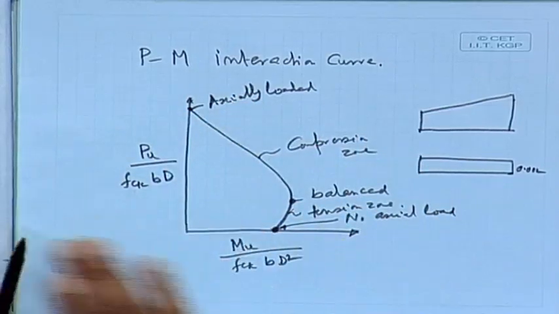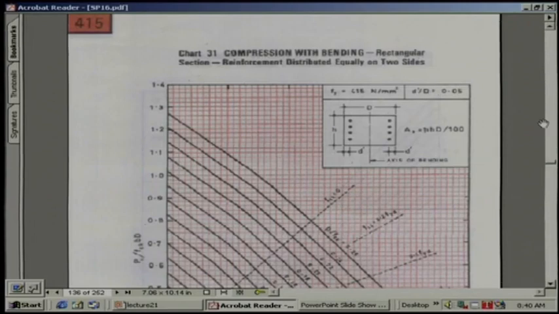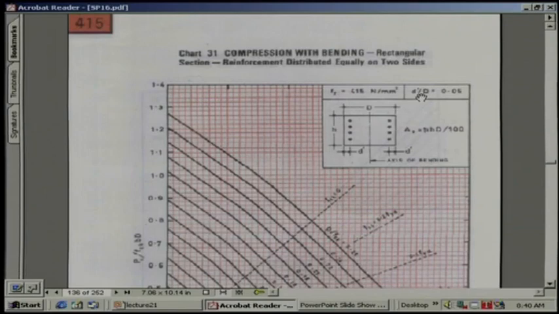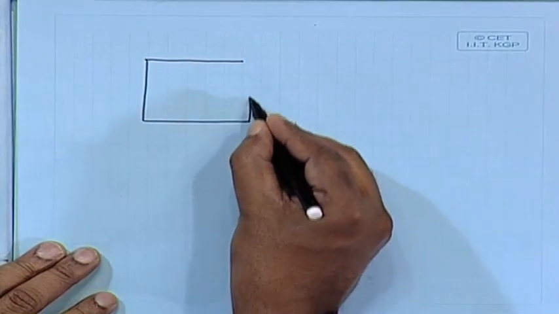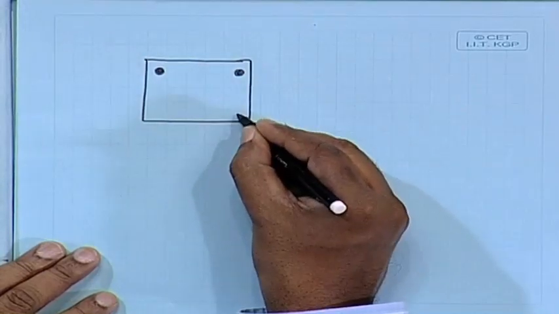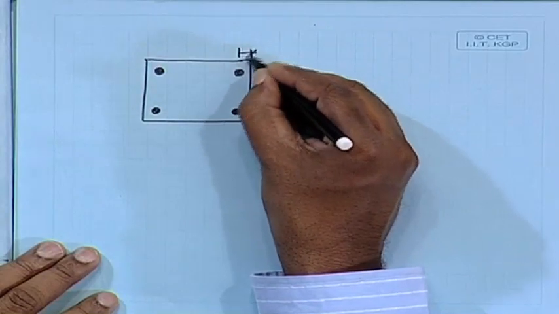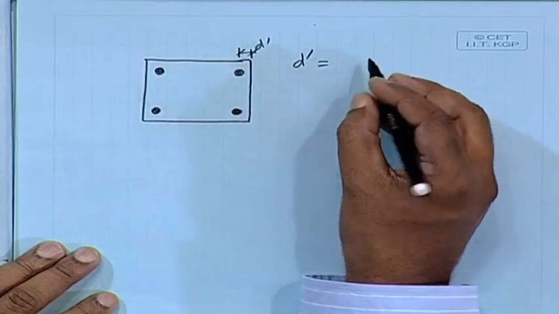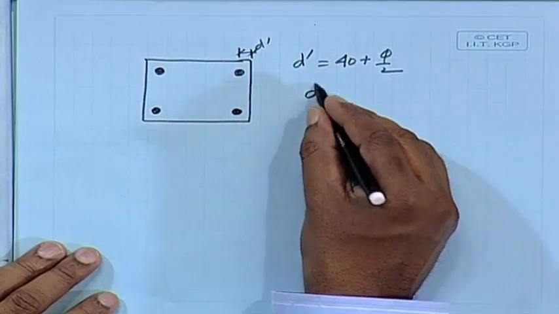SP 16 provides you so many curves. Depending on these charts, depending on d dash by d, where d dash is the effective cover, d dash equals 40 millimeter plus half the diameter of the bar.